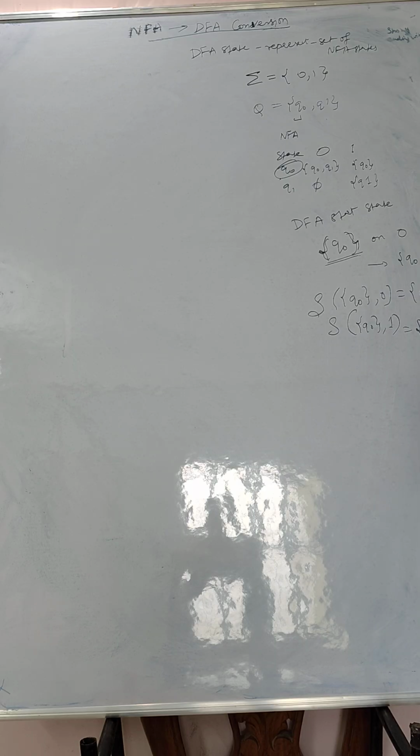Now, current DFA state. Now process {Q0, Q1}. On input 0, from Q0 on 0 it is {Q0, Q1}, and from Q1 on 0 it is empty. So combining both, {Q0, Q1} union empty will give me {Q0, Q1}.